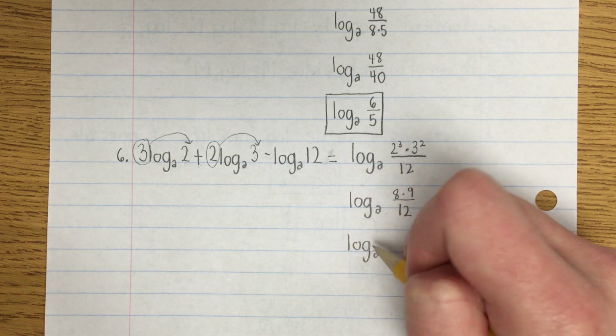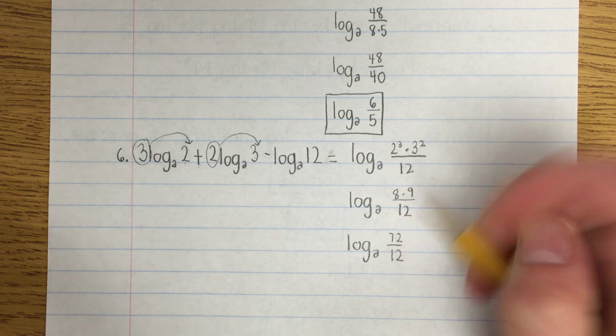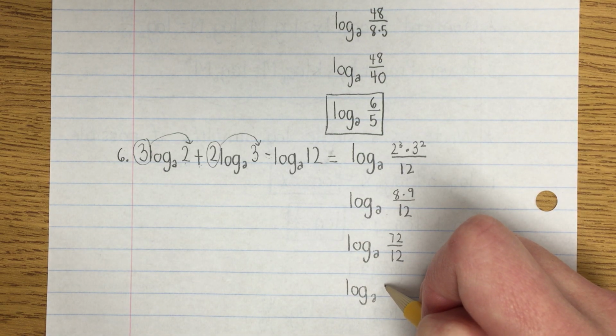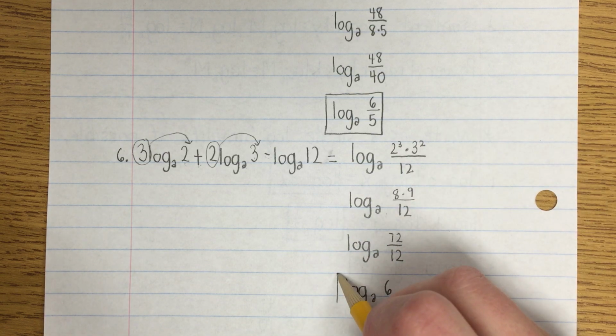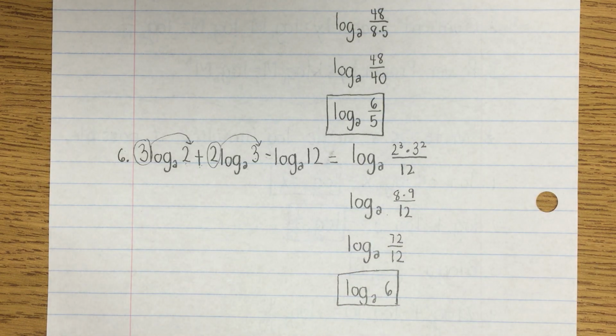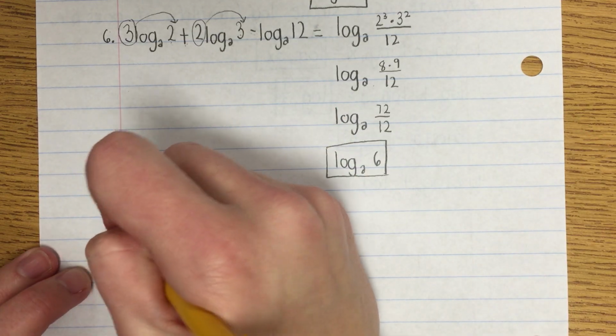So log base a of 72 over 12. And to simplify completely, that'd be log base a of 6. That reduces all the way down to a whole number. Okay, let's look at one more example. Number 7.